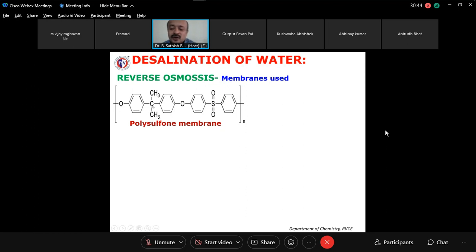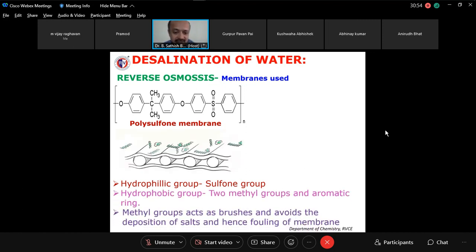Okay, so they will be rotating. By this rotation, they can give some brushing action on the polymeric surface. Okay, all these things we studied in another class. This is the animation wherein you can remove these deposited salts and other insoluble impurities. Okay, so this is caused by these gem dimethyl groups, because it is always rotating about the carbon atom.